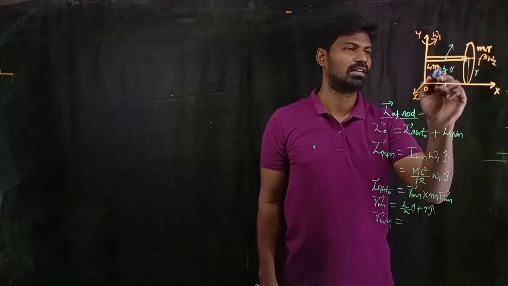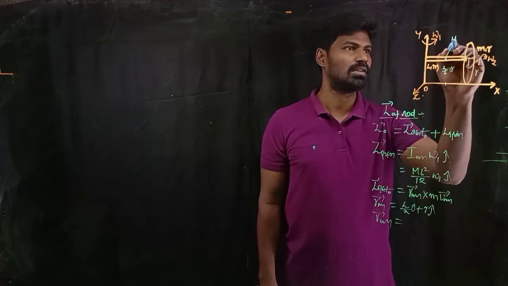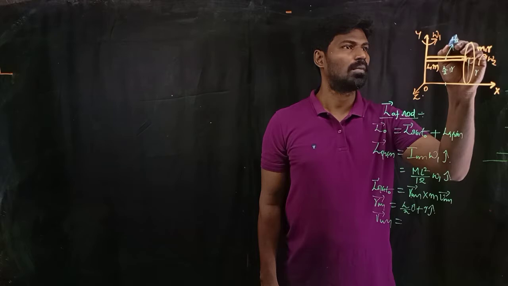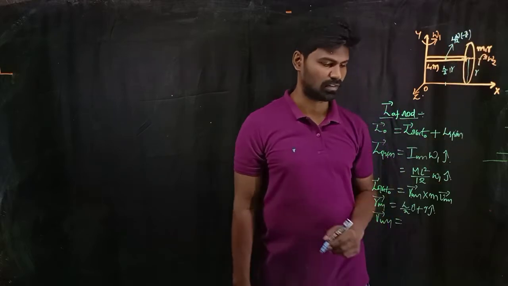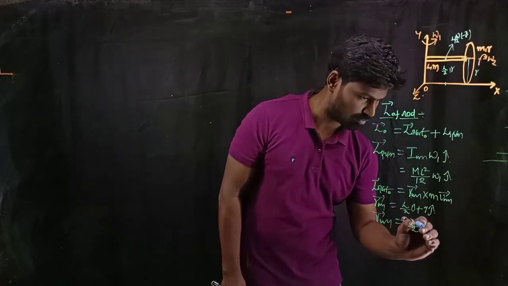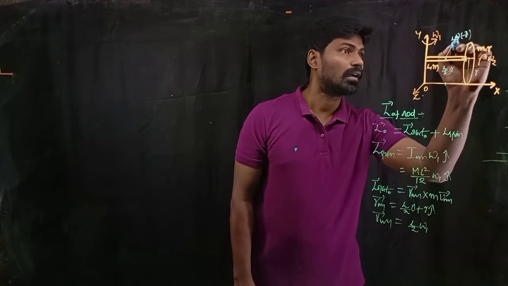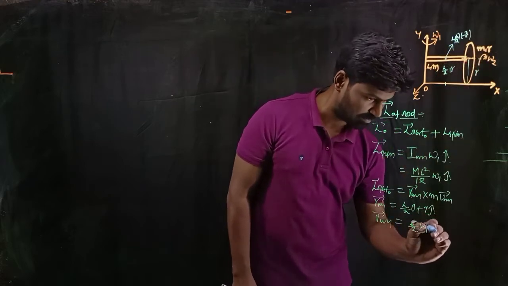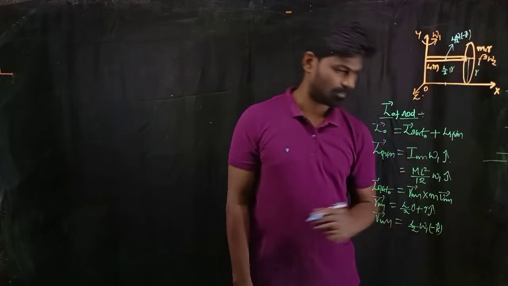R is the distance from here to here. How much? L by 2 into omega, which is pointing in minus k cap direction. This is the velocity of center of mass. That only I am writing here: L by 2 into omega 1, which is pointed in negative k cap direction.